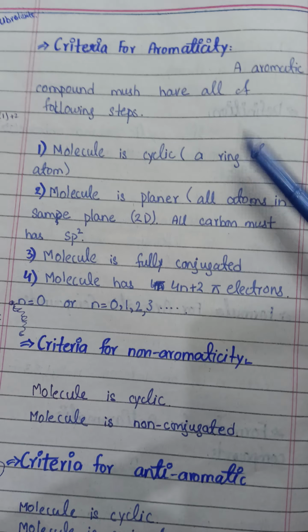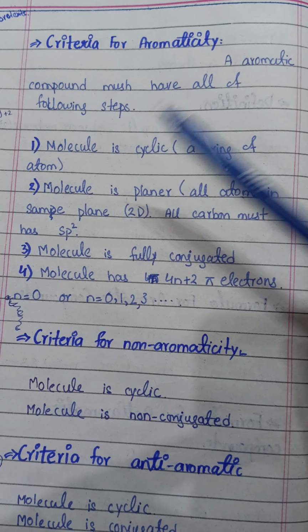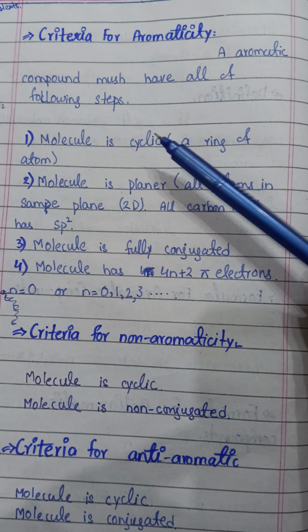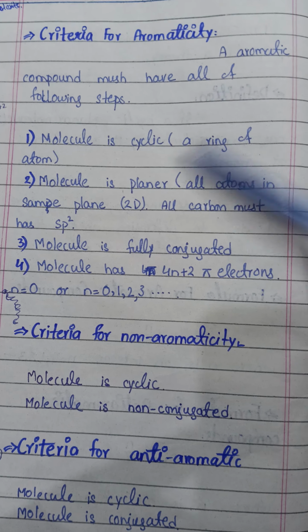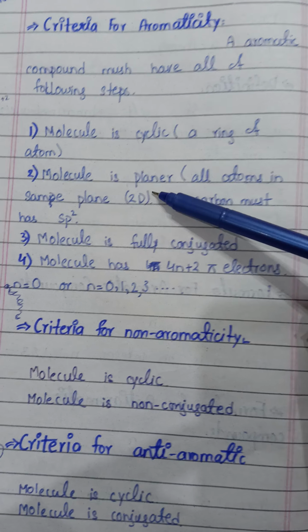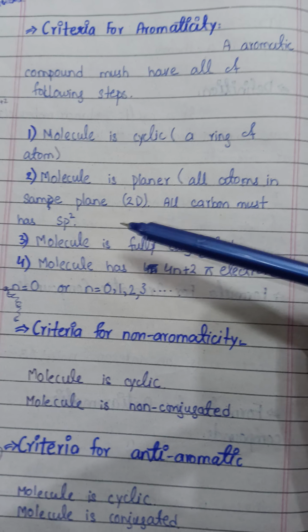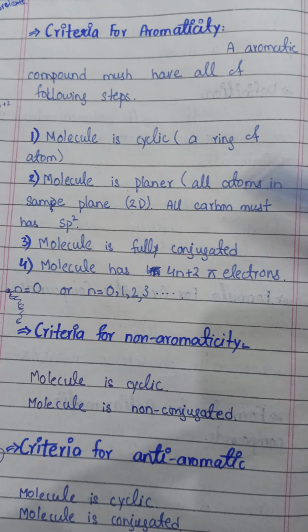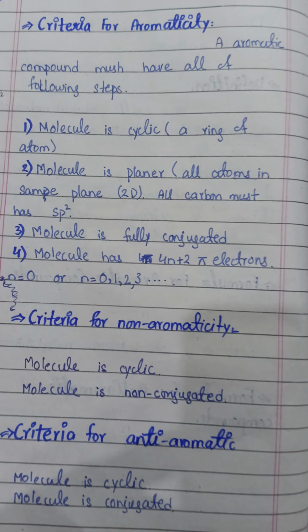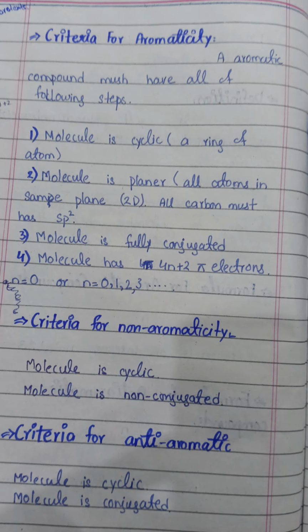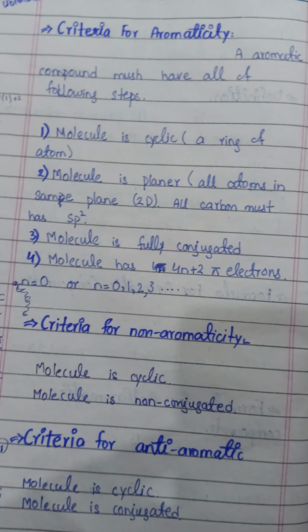First of all, an aromatic compound should have a cyclic structure, meaning a ring of atoms, and the molecule should be planar, meaning all the atoms are in the same plane in a two-dimensional structure. All the carbons must have sp2 hybridization in them. This is a very important point.